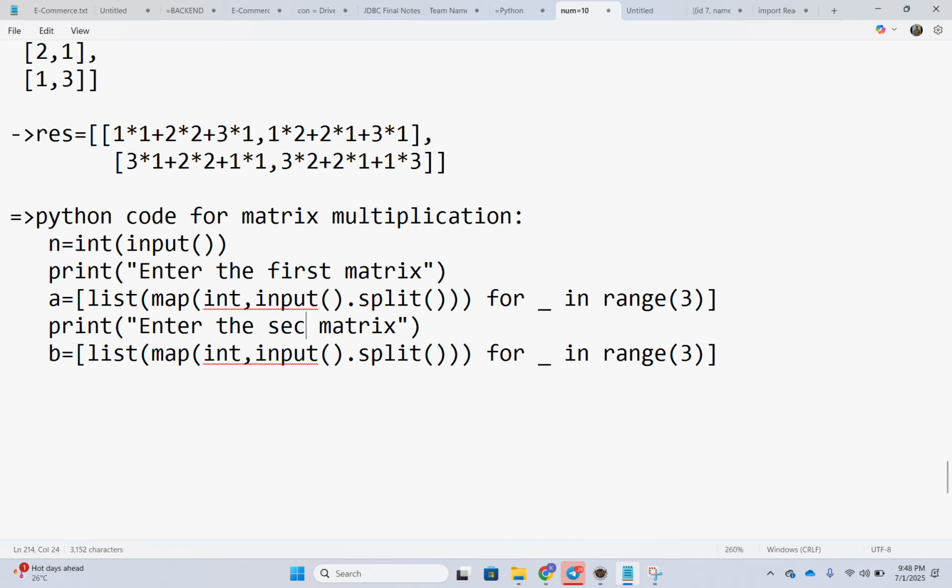Second matrix. So I said one condition, no? I'm just writing here that C is equal to, the condition must be what?